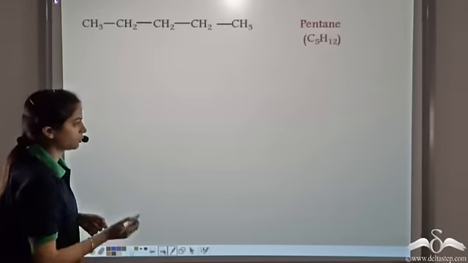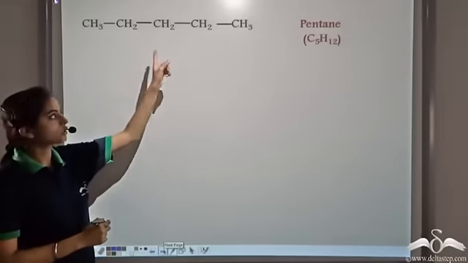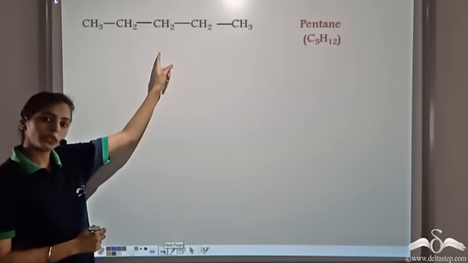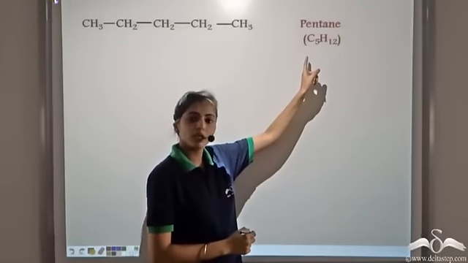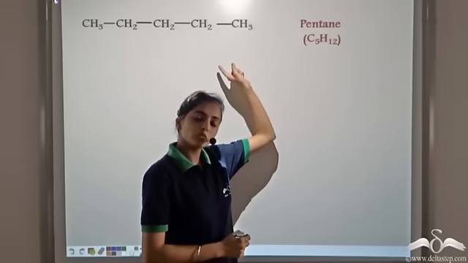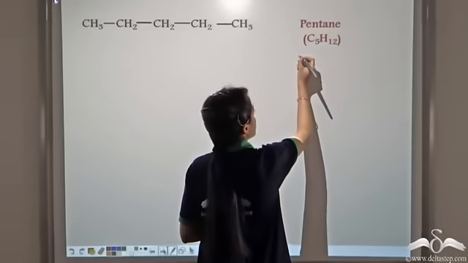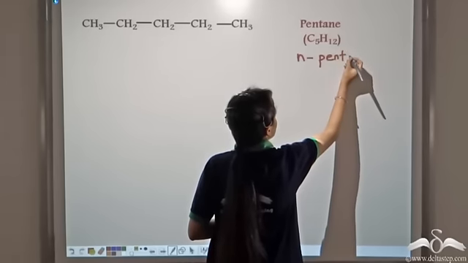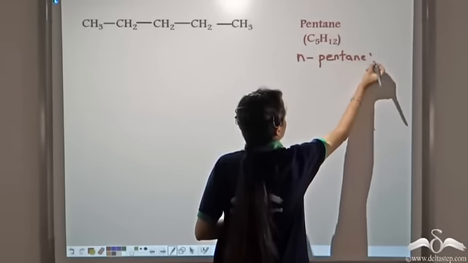Let's look at pentane now. This is the normal structure of pentane. We have C5H12, which we get from the general formula CnH2n+2. When we write it normally, this is also known as normal pentane or n-pentane.